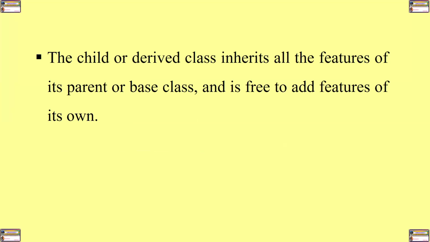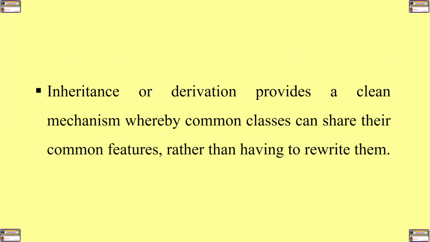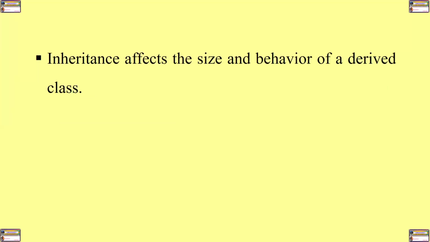The child or derived class inherits all the features of its parent or base class and is free to add features of its own. In addition, the derived class may be used as the base class of an even more specialized class. Inheritance, or derivation, provides a clean mechanism whereby common classes can share their common features rather than having to rewrite them.